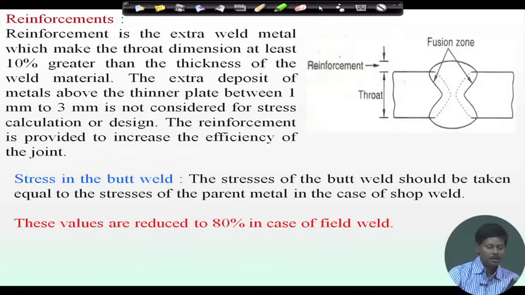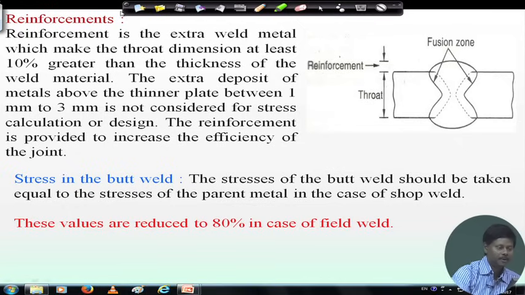Now, reinforcement. Reinforcement is basically an extra deposit over the plate, and this is also necessary for effective strength of the joint, and this is at least 10% greater than the thickness of the weld material. So, the extra deposit of the metal above the thinner plate, between 1 mm to 3 mm, is not considered for stress calculation or design.